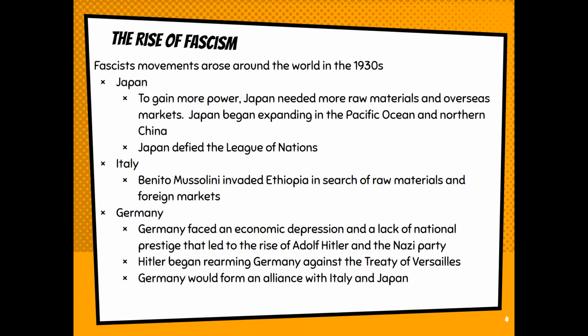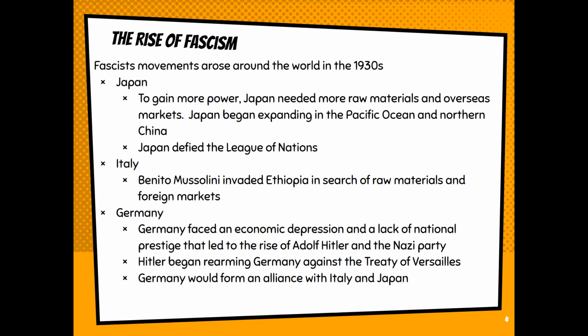And so Japan began expanding around eastern and northern China to different islands of the Pacific Ocean. And when it did so and was criticized by other countries, it decided to leave the League of Nations and never return.